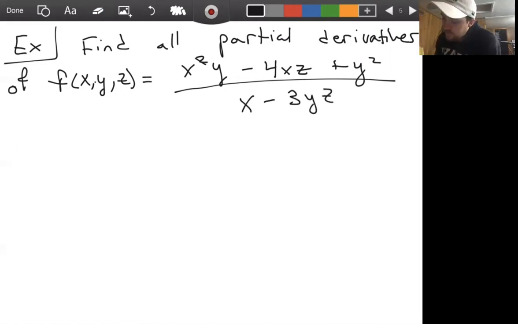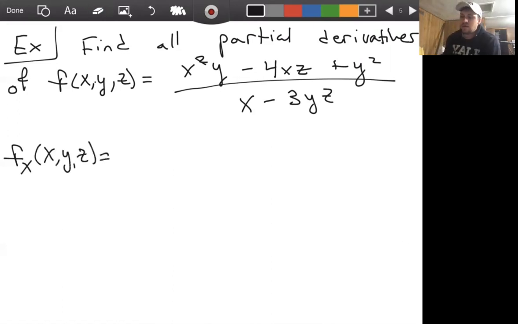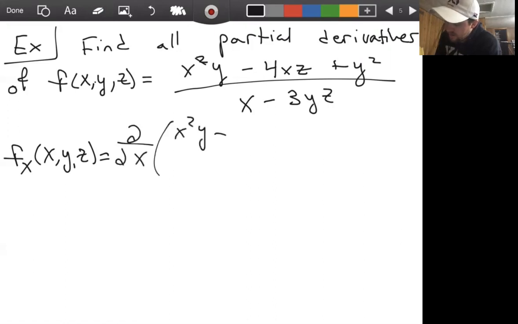All right, and so we want the partial derivative with respect to x. So what's f sub x of x, y, z? Right? So we have to take the partial derivative of this whole thing with respect to x.